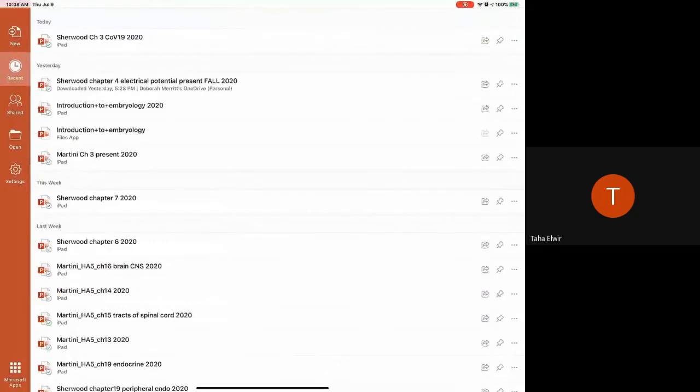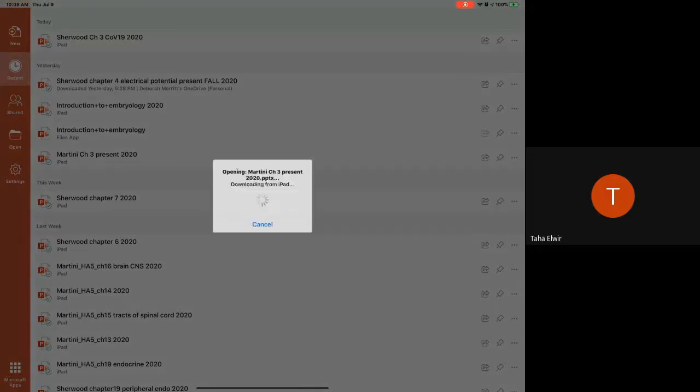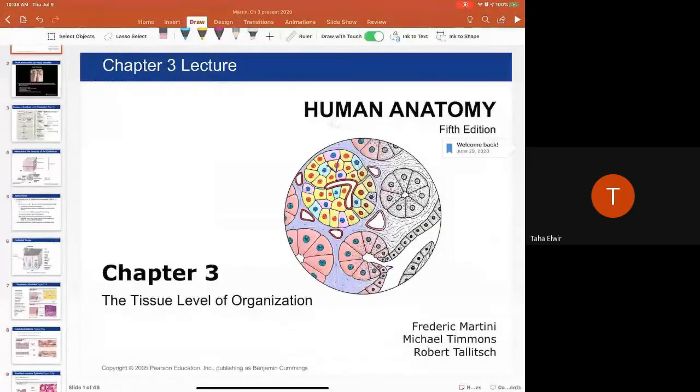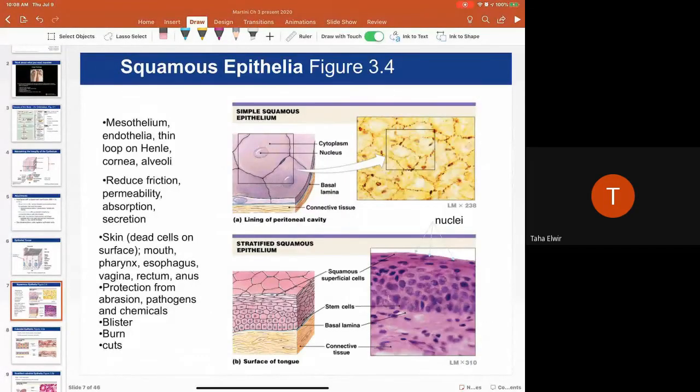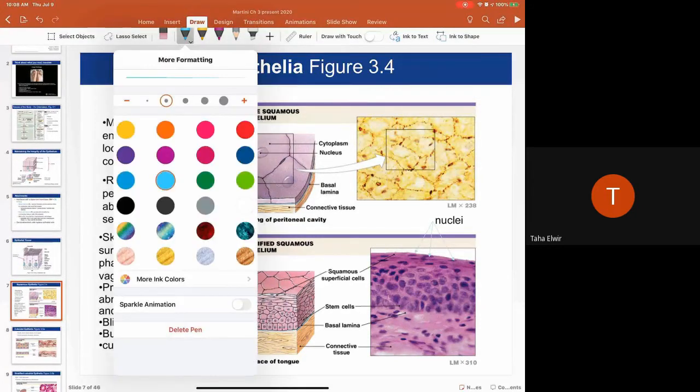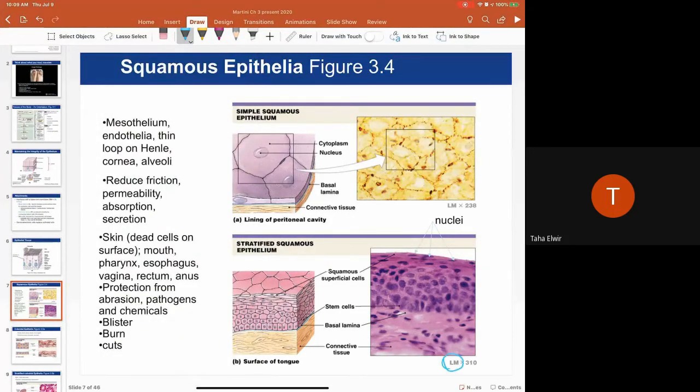What we saw in chapter 3 for Martini, we saw a lot of these LMs, so light micrographs. This is where you cut the tissue and you shine light through them.